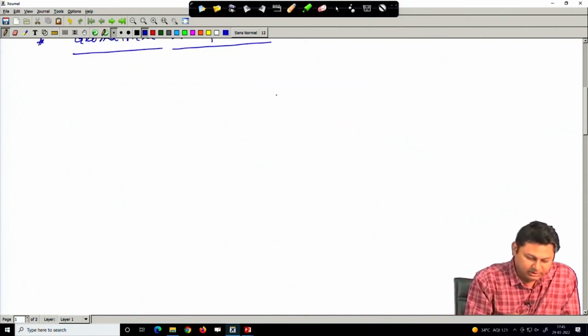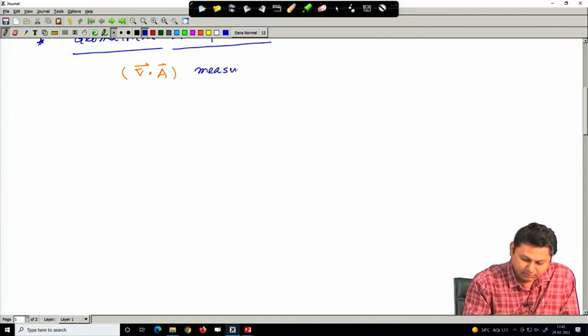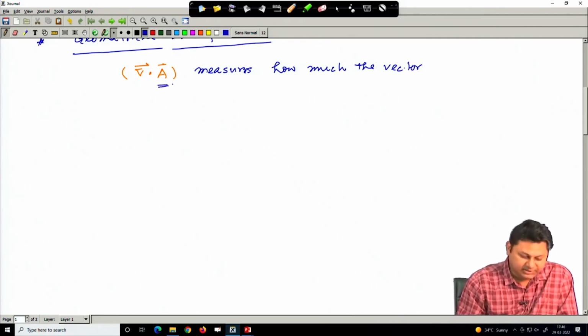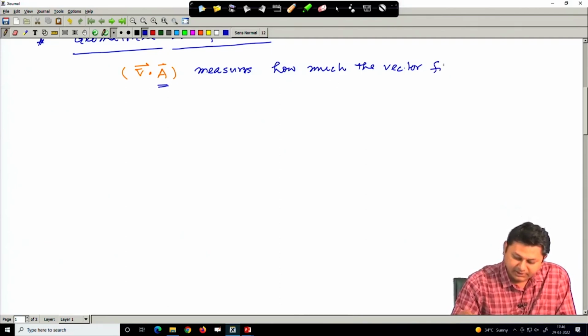This operator basically measures how much the vector field A, a function of x, y, z or rho, phi, z, spreads out.